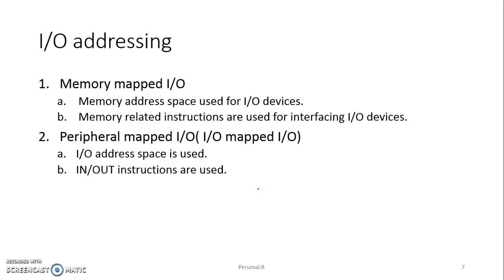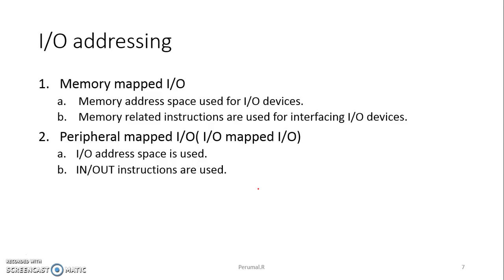In memory mapped IO, the IO address decoding circuit will be used and your IO devices will be connected to memory locations. The 8085 microprocessor has 16 address lines, so 64 kilobytes of memory locations can be addressed, and any one of these addresses can be used for connecting to the IO devices.